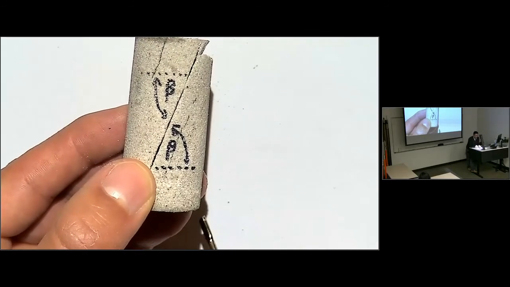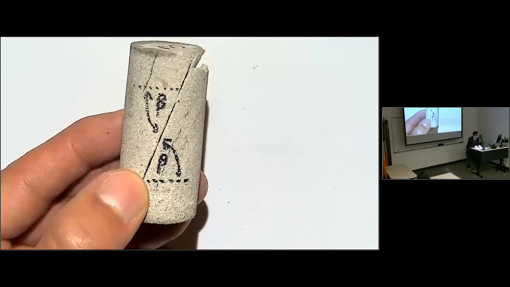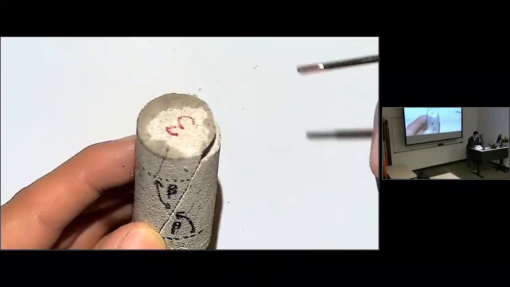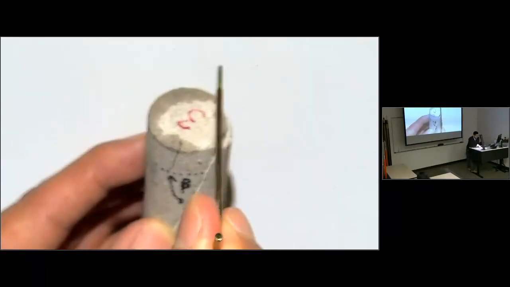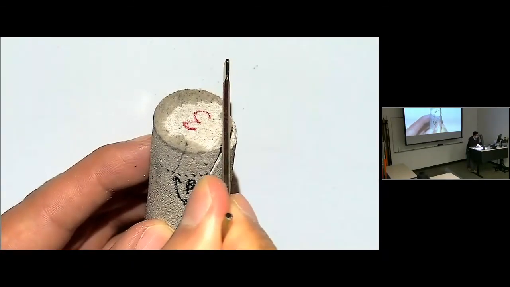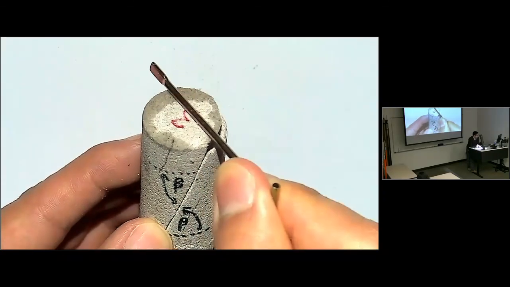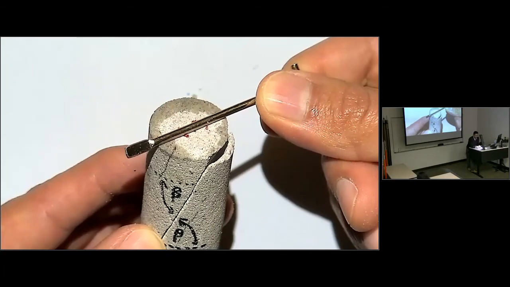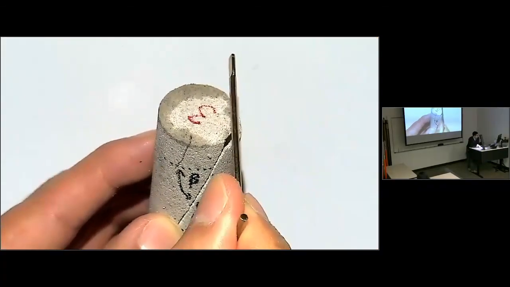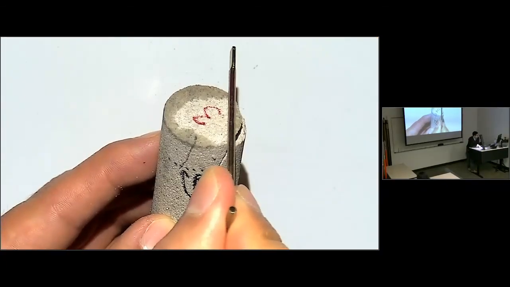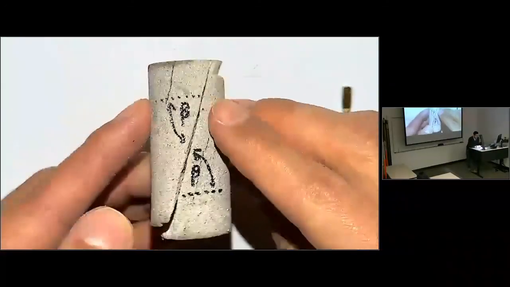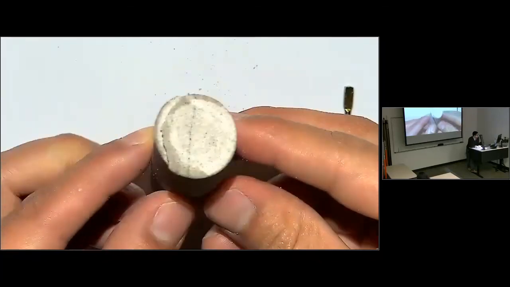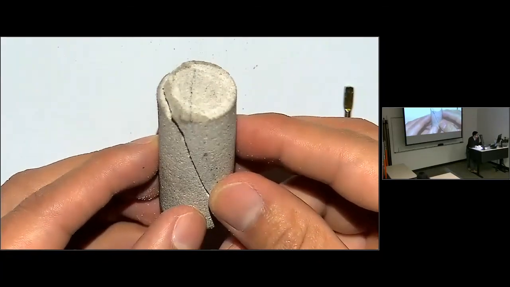Because we had axial and symmetric conditions, the rock could have failed in any plane. If you look from the top, now it failed in a plane like this, but it could have failed like there, or there, or there, in any direction. But the weakest direction was the one with this bedding plane. And if you look from the bottom, that's also very clear. That streak over there is that one.